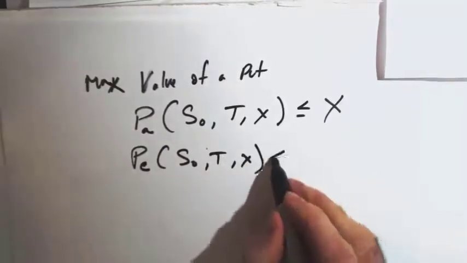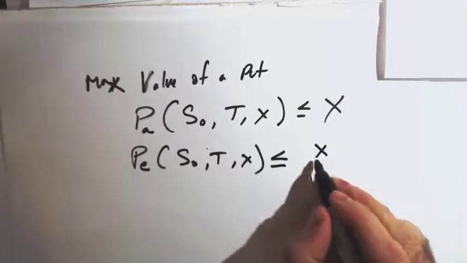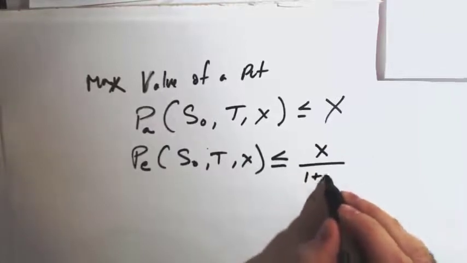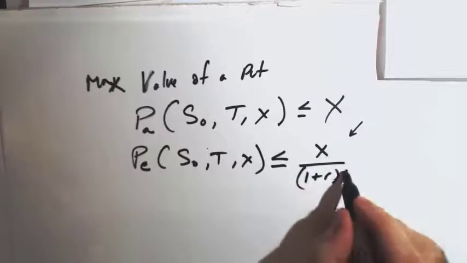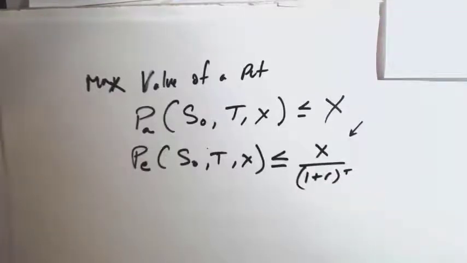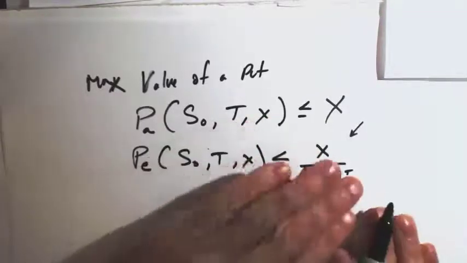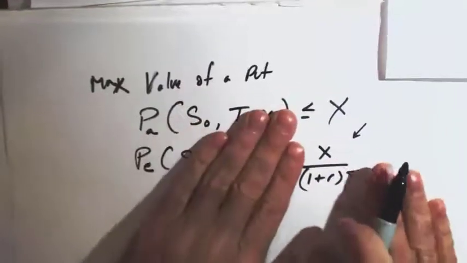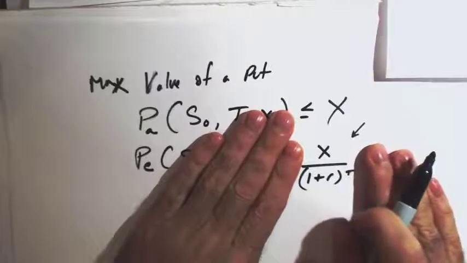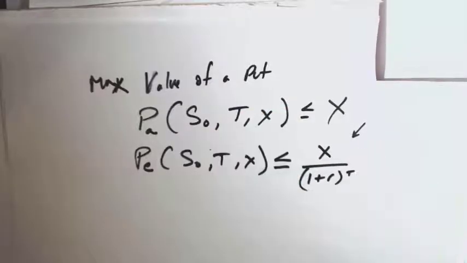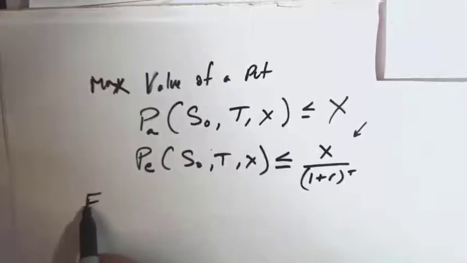So you need to take into consideration the time value of money. The value of a European is worth a little less, and it's the present value of the strike, because you can't really get your hands on X. Conceptually, you can only get your hands on the present value of X because there's a delay in which you can exercise. So let's do an example.